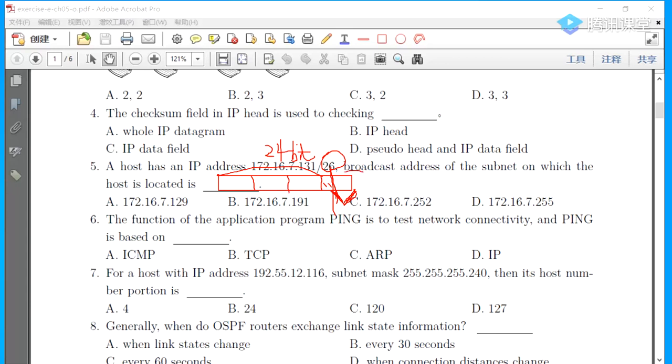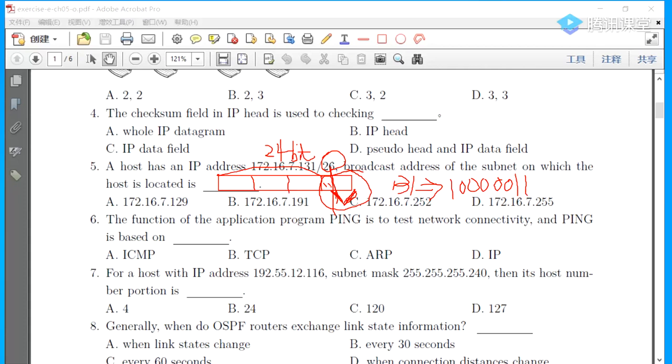So we should transfer the byte 131 to binary notation. The binary notation is 10000011, right?